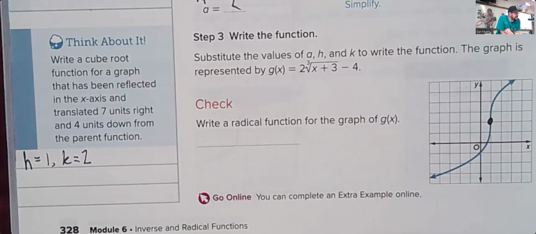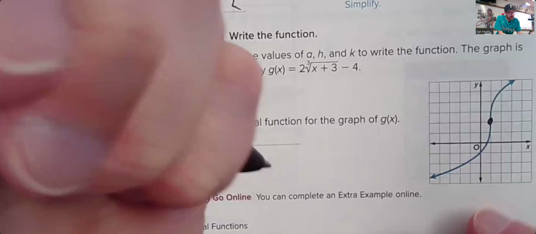Where's a clear point on this graph where x and y are both integer values, whole numbers? 2, 5. I like it. That was one of them. The other one's the y-intercept at 0, -1. But yeah, 2, 5 is great.